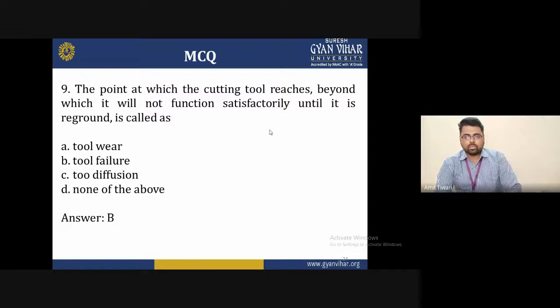So the correct option is B, tool failure. When the tool has completely failed, it will not provide satisfactory finishing or satisfactory metal cutting.